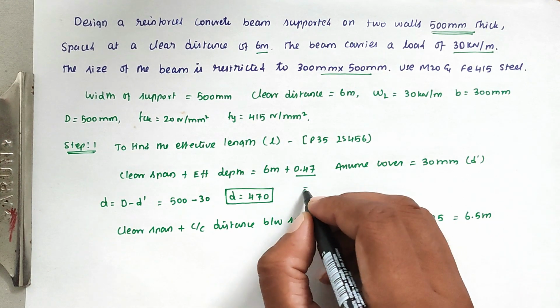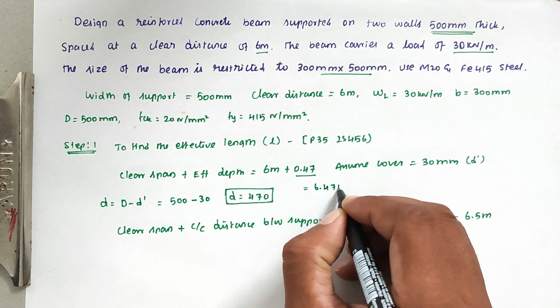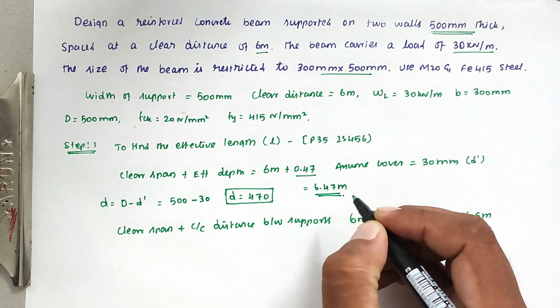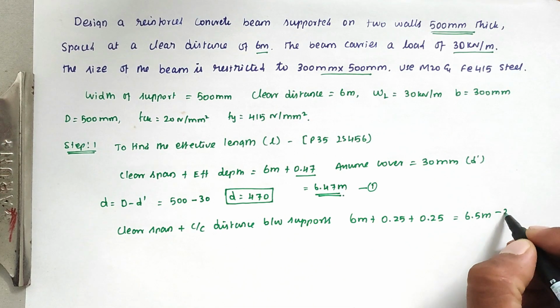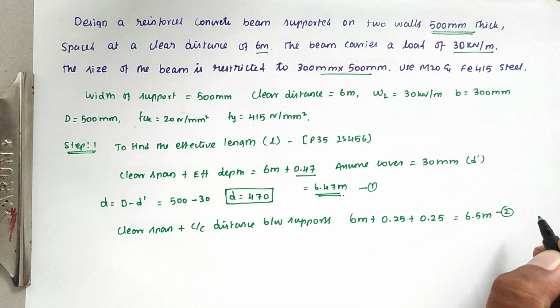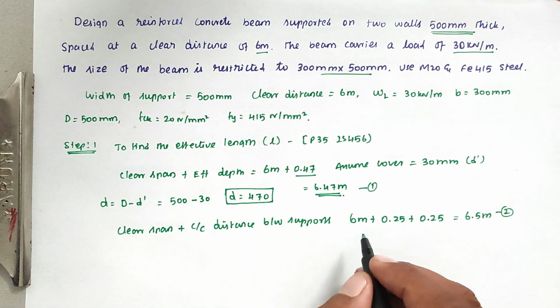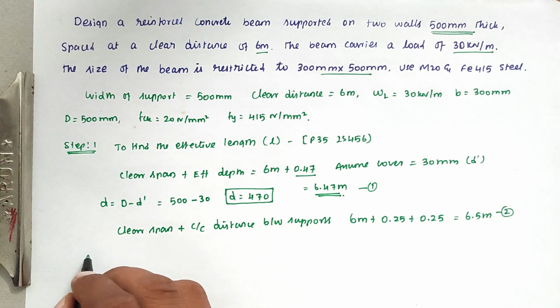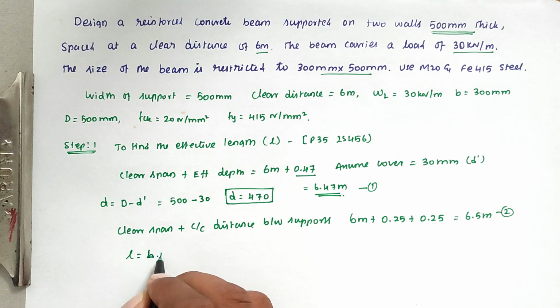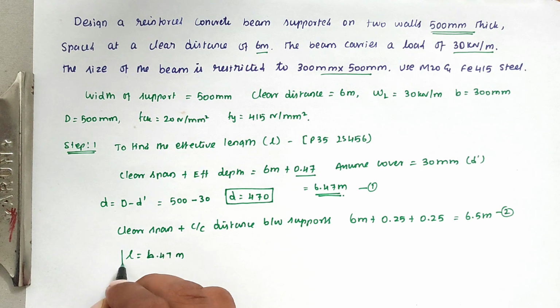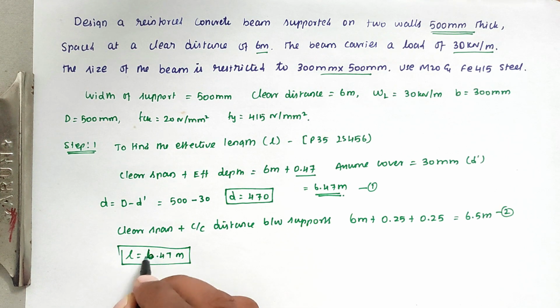Here we got the value of 6.47 meter. Comparing 1 and 2, whichever is less we have to take. So the effective span L equals 6.47 meter, as this is the lesser value.